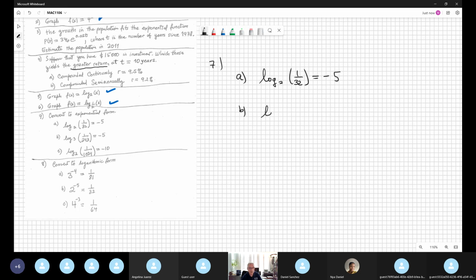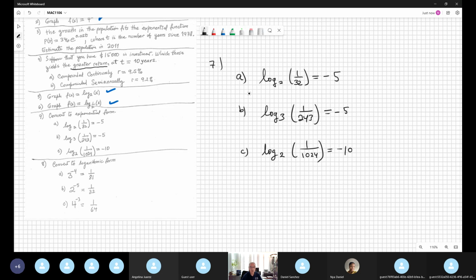Logarithm base 3 of 1 over 243 is equal to negative 5. You don't need to compute anything, because I suppose it's true. Don't waste time checking. And logarithm base 2 of 1 over 1024 is negative 10.